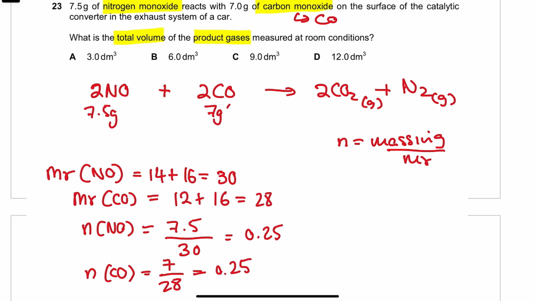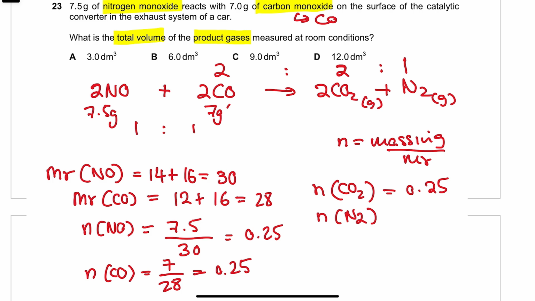Since we have an equal number of moles and the ratio of nitrogen monoxide to carbon monoxide is 1 to 1, there is no limiting reagent, so we can use either. The ratio of carbon monoxide to carbon dioxide to nitrogen is 2 to 2 to 1. Therefore, the moles of carbon dioxide produced is equal to 0.25, and the moles of nitrogen is equal to 0.25 divided by 2, which equals 0.125.